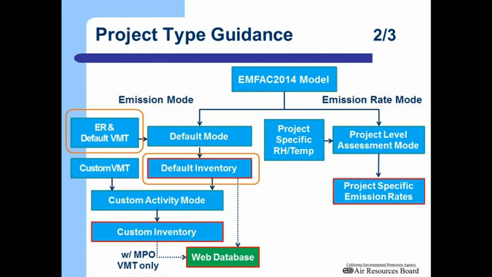Depending on the activity used for the model, users can get a default inventory with the default VMT that's built in and comes with the model, or users can put user-defined activity through the model and get a custom inventory.